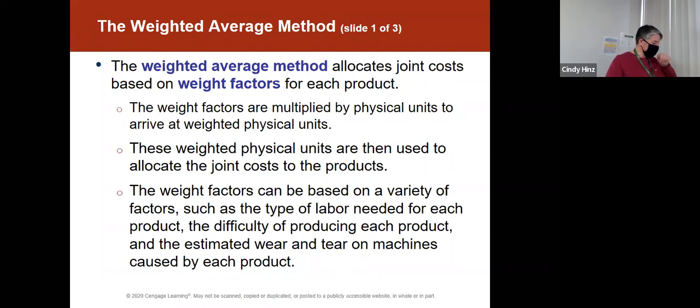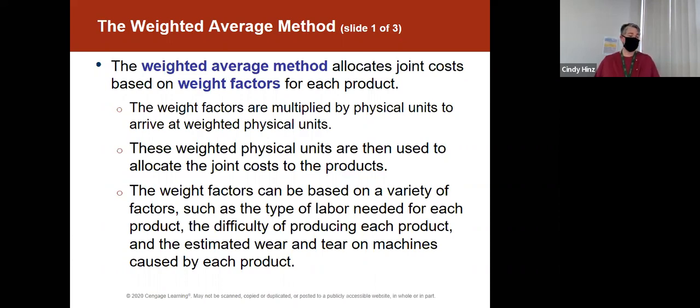Our next exercise, exercise 8, is the weighted average method. Our next method is the weighted average method. And so we are going to apply weights based on the relative work involved.